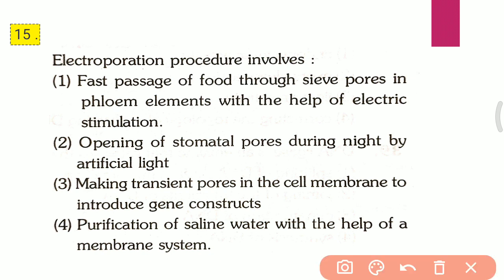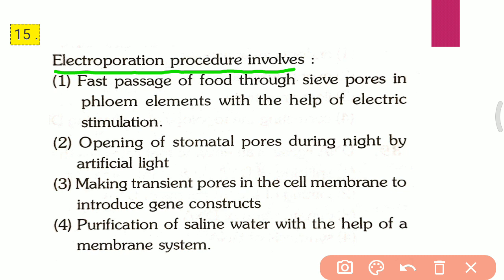Question 15. Electroporation procedure involves: first, fast passage of food through sieve pores in phloem element with the help of electric stimulation. Second, opening of stomatal pores during night by artificial light.